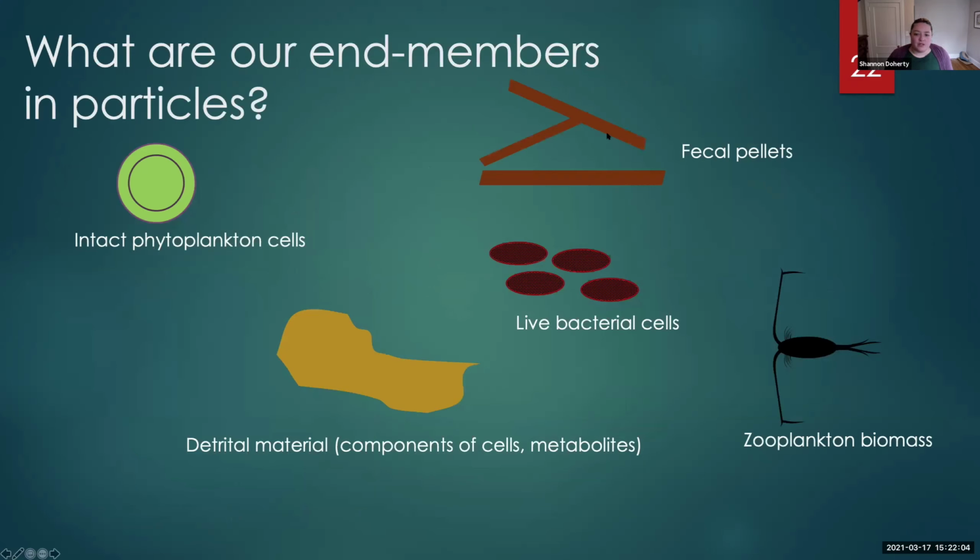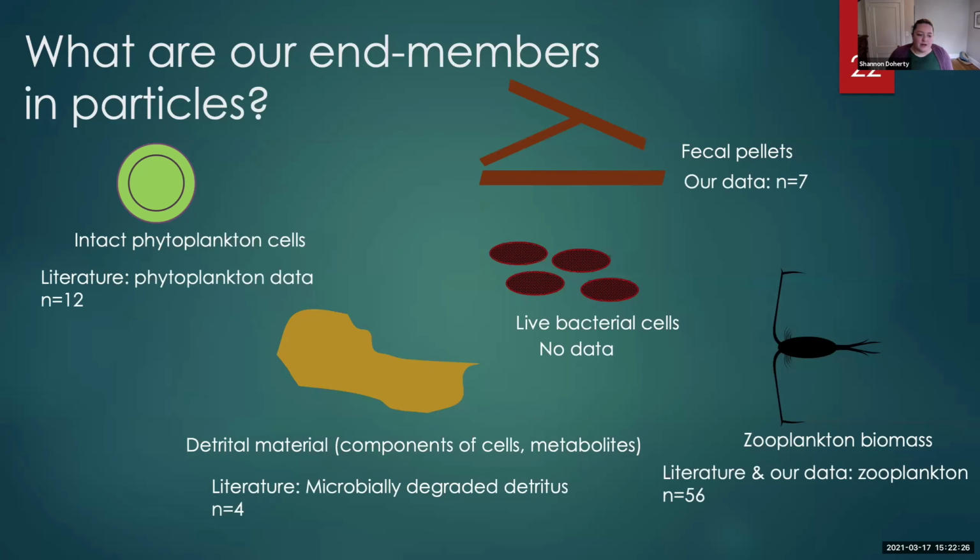So in order to differentiate fecal pellets from other things, we have to have those other things too. So I didn't measure all of these, and we needed to collect data from the literature. And the data from the literature needs to both be nitrogen isotopes of amino acids specifically, but also overlap with the amino acids that I measure. And we were able to find some of those.